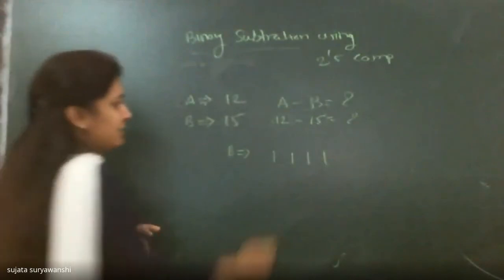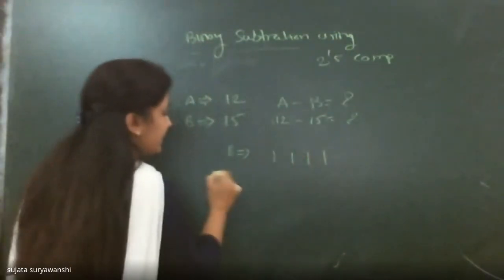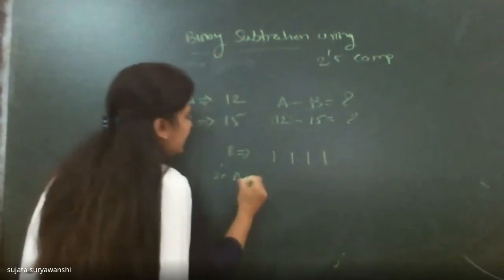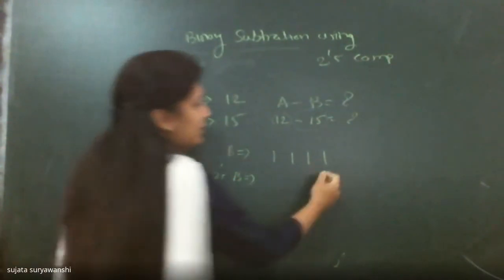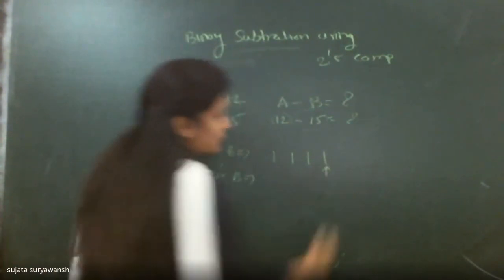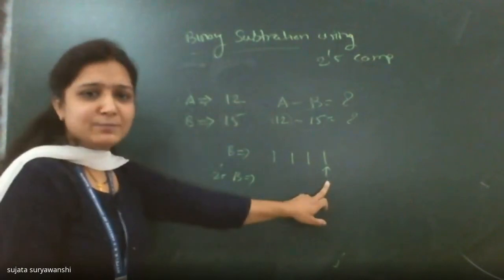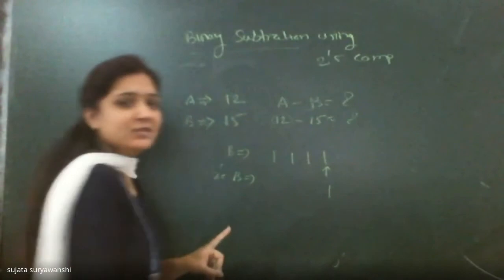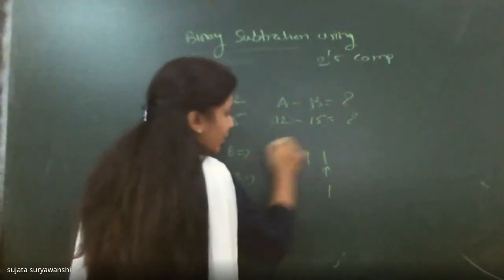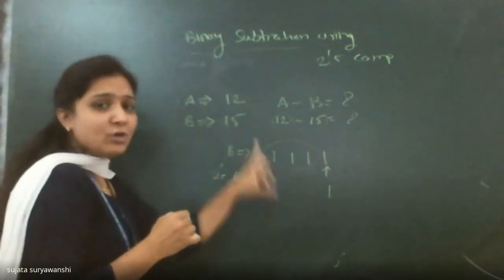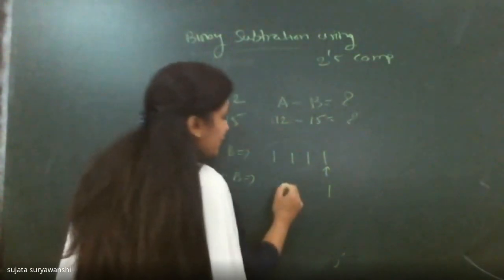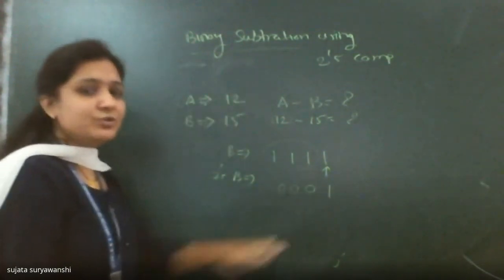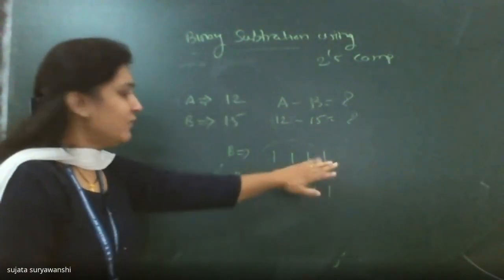I have to find the 2's complement of B. Start with the LSB, write down the first one as it is, and invert all the remaining bits. As all the remaining bits are 1, I inverted them to 0. So this is the 2's complement of 15.